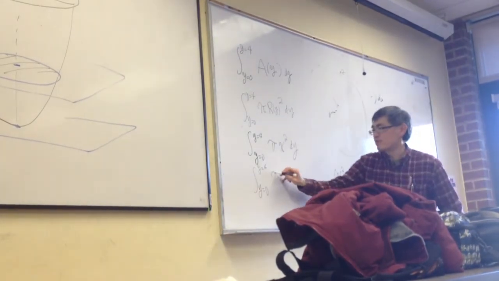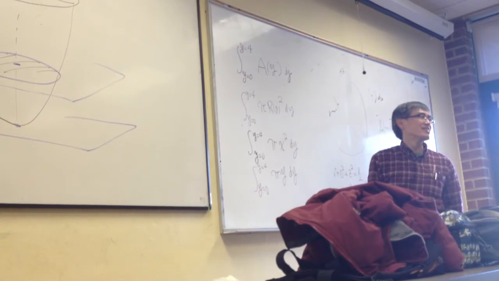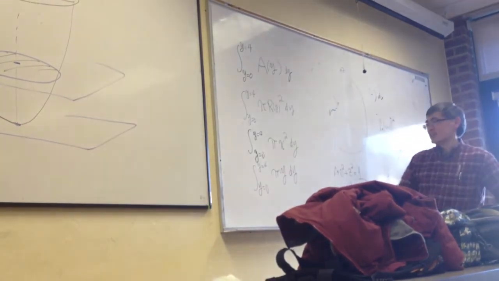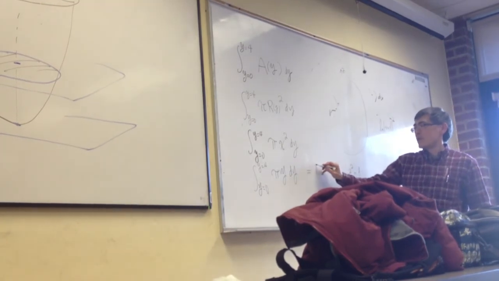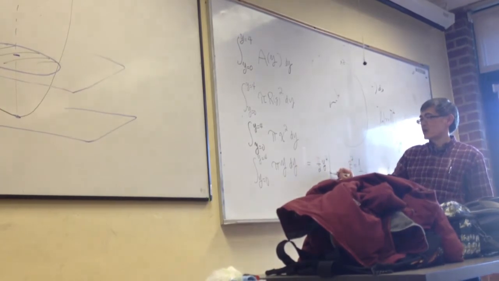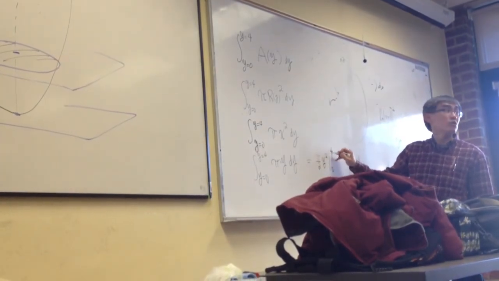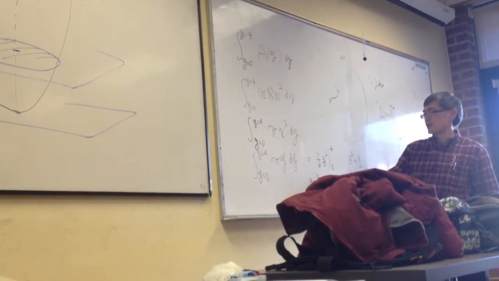Therefore we have pi y dy. And then I'm done. This is pi over 2 y squared, y goes from 0 to 4, and therefore it's 8 pi.